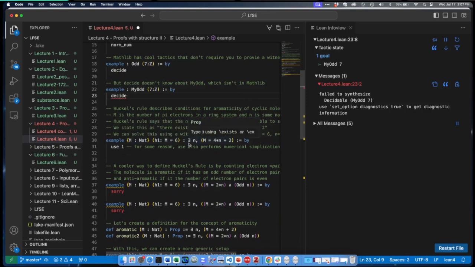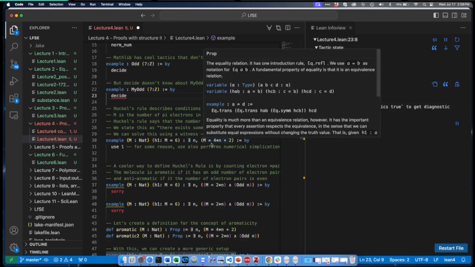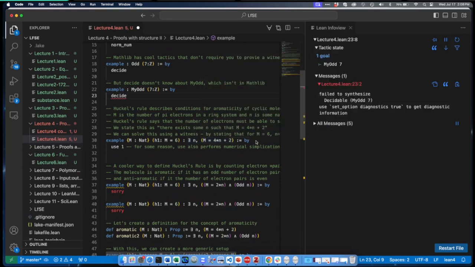And this implies Huckel's rule. So if it's going to be true, then we satisfy Huckel's rule. If it fails to imply this, it would be false, and we would not satisfy Huckel's rule, okay? So: there exists n such that m equals 4n plus 2.